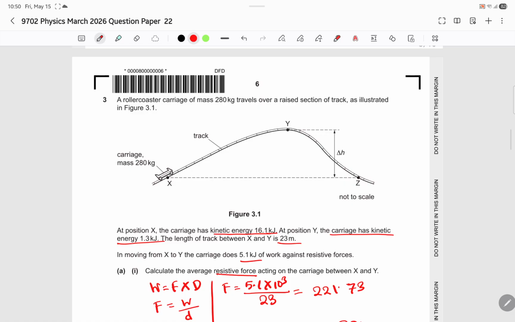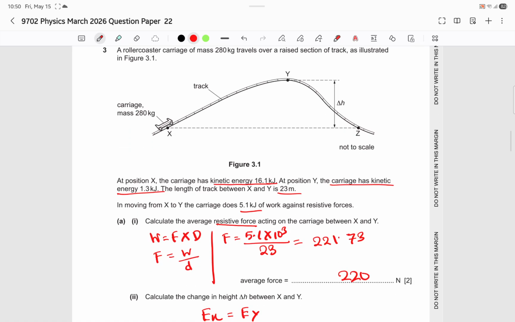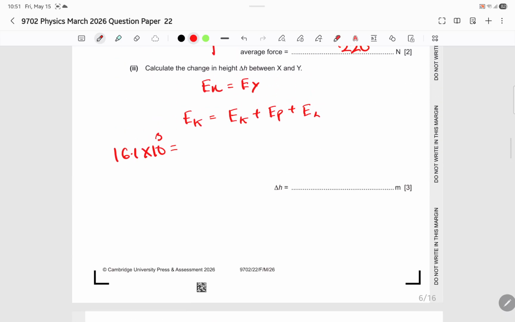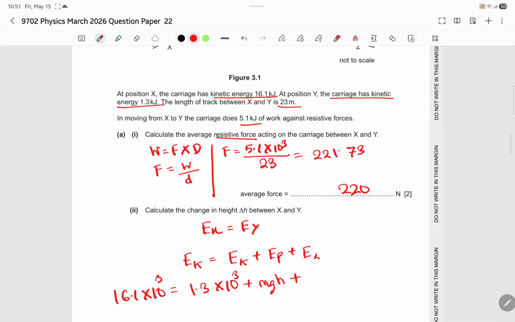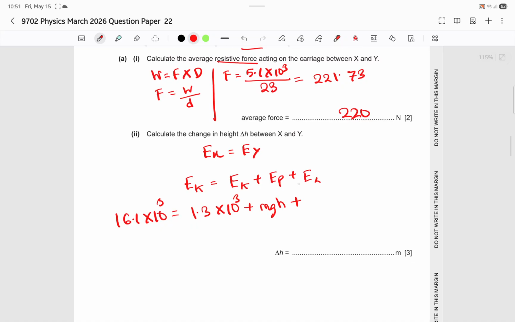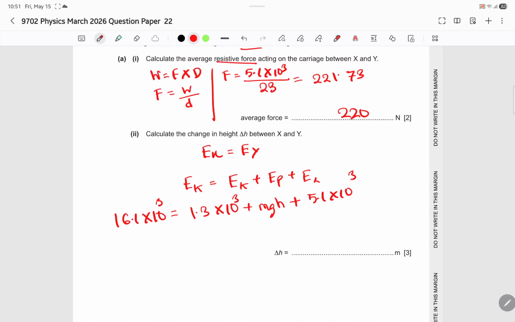That will be equal to the kinetic energy the carriage has at y, so we add 1.3 times 10 to the power 3, plus the gravitational potential energy, which we write as mgh. This h is what we need to figure out. Plus the energy that's dissipated, which was 5.1 times 10 to the power 3.